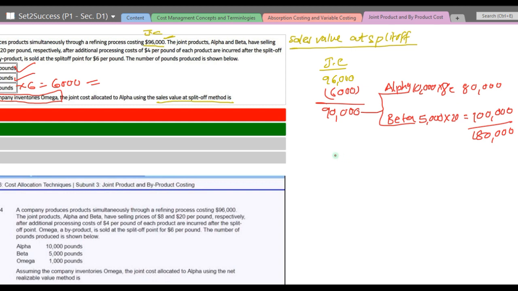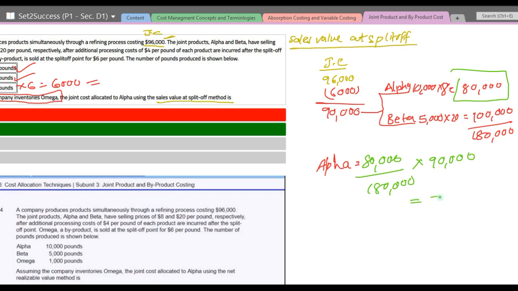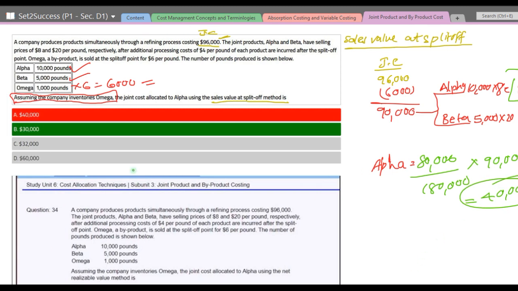So the joint cost allocated to alpha will be 80,000 by 180,000 into 90,000. That is equal to 40,000, which is the correct option.